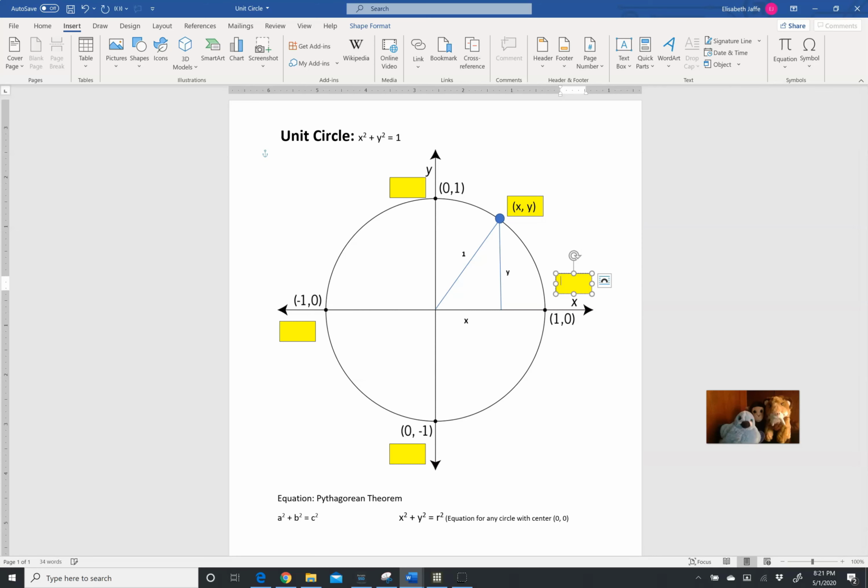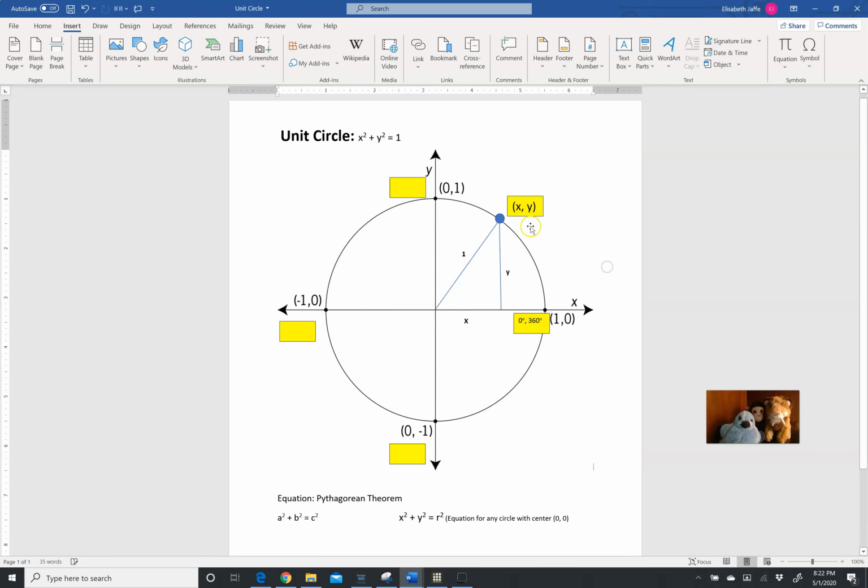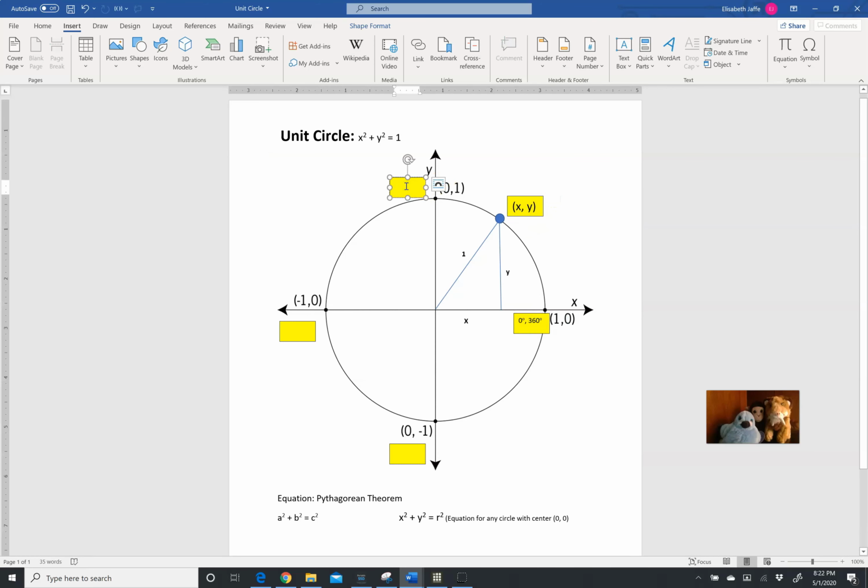So we know that this is 0 degrees, but it's also 360 degrees over here. I'll put this right here. Okay. And then over here, this is 90 degrees. Over here, this is 180 degrees.